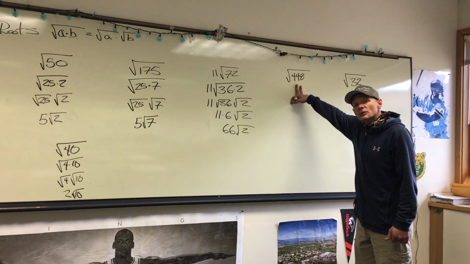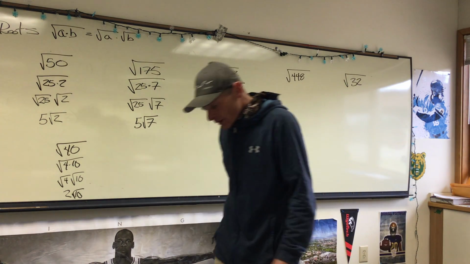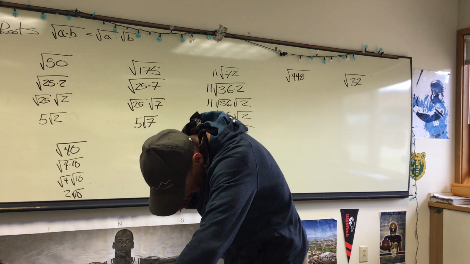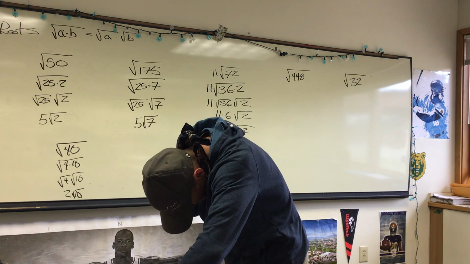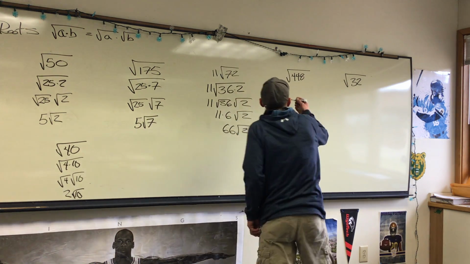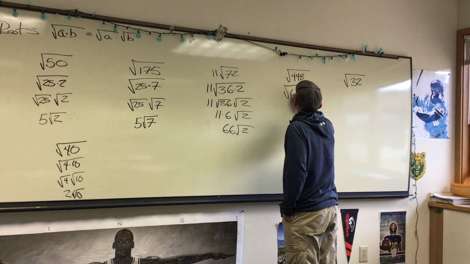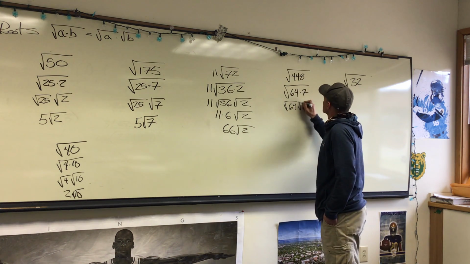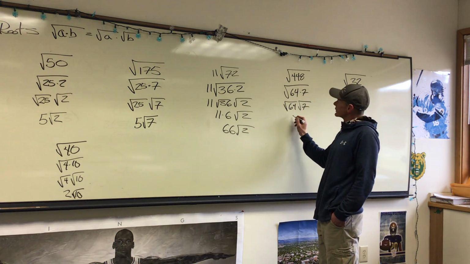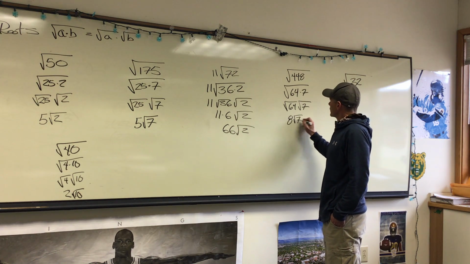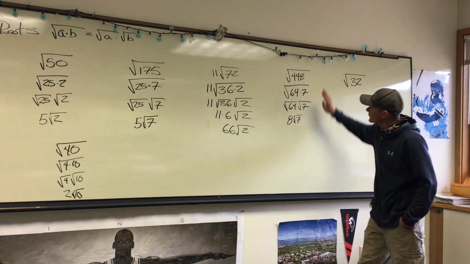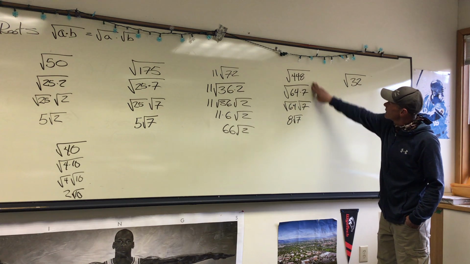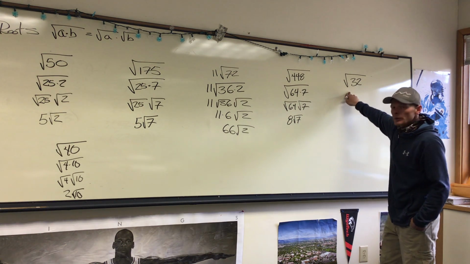And then you try 8 squared, which is 64, and 64 does divide it. 448 is the same as 64 times 7. Then we can write the square root of 64 times the square root of 7. Square root of 64 is 8, and we have 8 square roots of 7. It's an equivalent way of writing square root of 448.